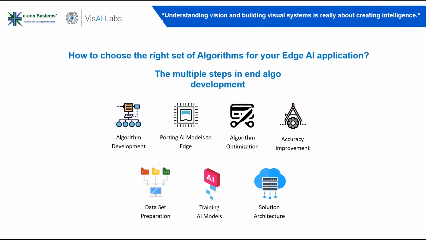The second step is AI model development, where we generally try to figure out if there are any standard models, or if one doesn't exist, we build it from the ground up. In AI model development, we generally work on customizing 5 to 10 layers of a given model.